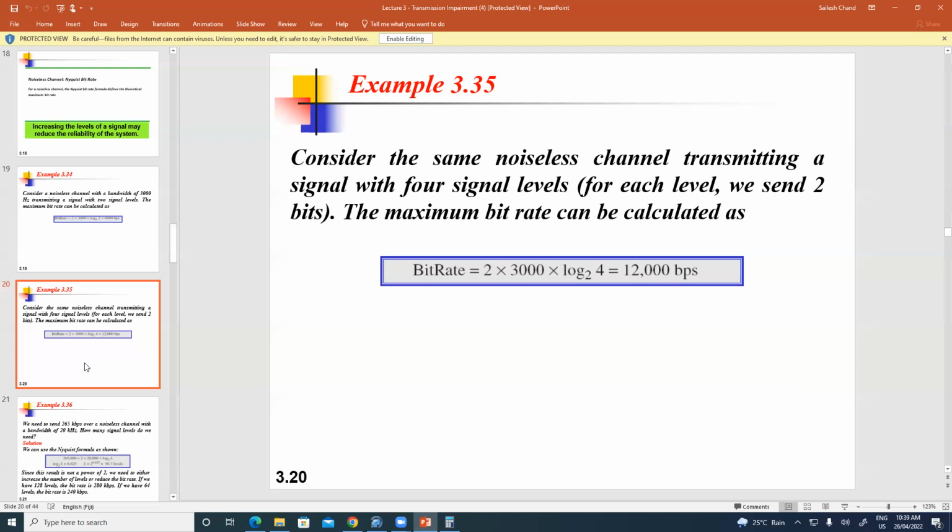And in your calculator, because it's base 10, I'm writing base 10, divide by log of 2. And this will give you log 2, right? So 6000 times log 1000.